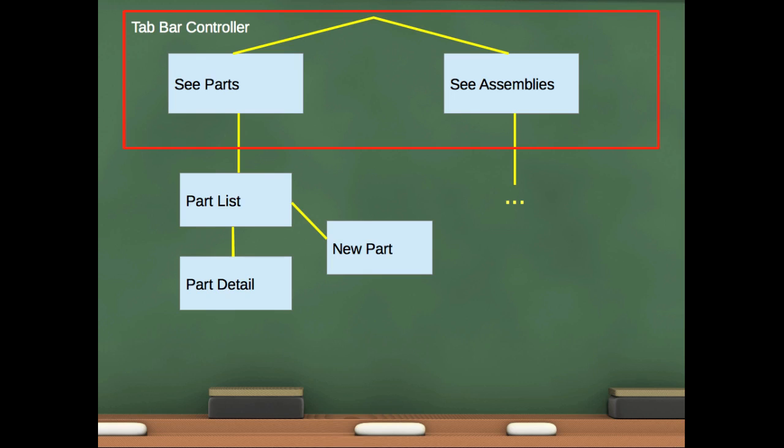We just want them to be able, with a simple interface at the bottom of the screen, to select a tab, and that view controller comes up. That need is best served by a tab bar controller. Likewise, the need for this parts list piece is best served by using a navigation controller.